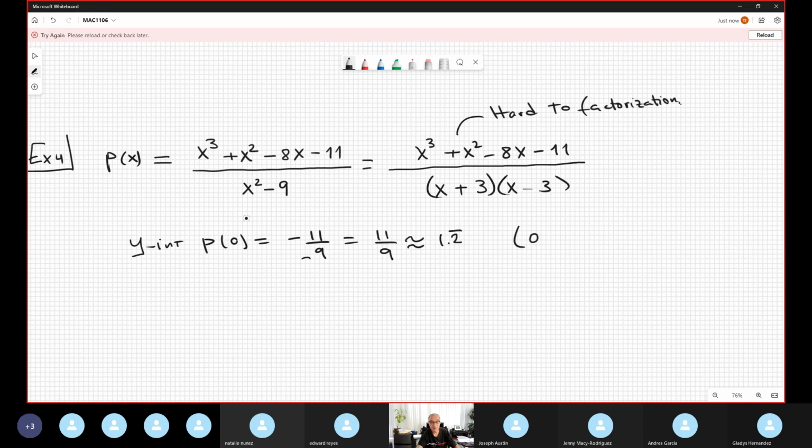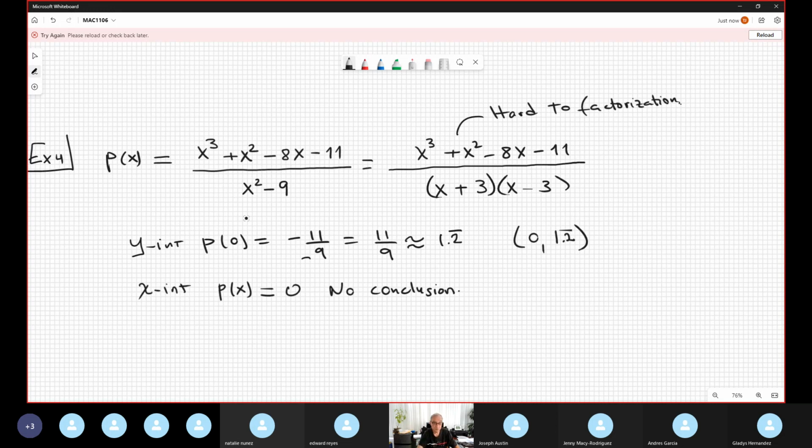The point is 0, 1.2 repeated. The x-intercept, wow, is too hard because the polynomial on the top is too hard to factor. So, no conclusion so far.